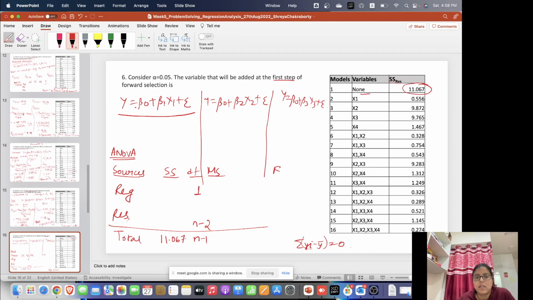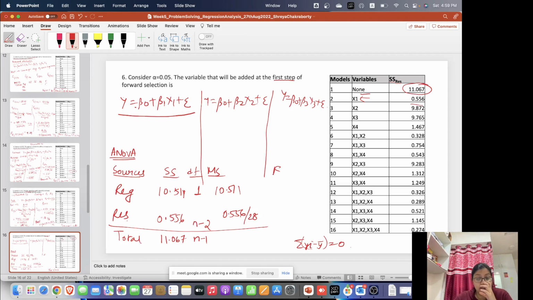So the sum of squares due to residuals from the model, when I am fitting x1, would be 0.556. Then the sum of squares due to regression would be 10.511. So the MS would be 10.511, and this one would reduce to 0.556 by 28.